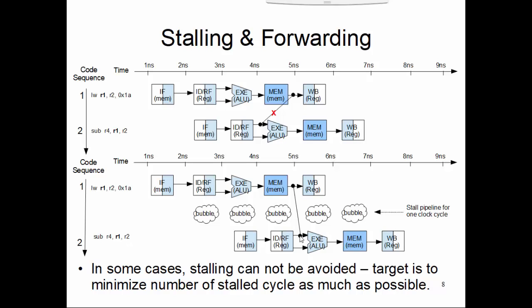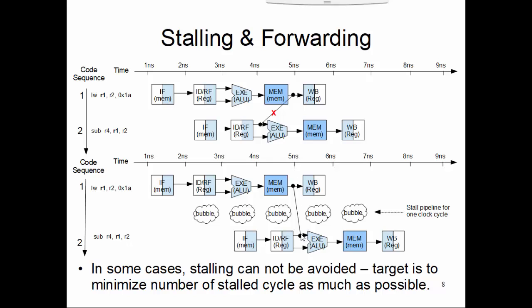Now you see, if I stall for one cycle, shifting this instruction by one cycle, then my data is produced at the 5th nanosecond, and we are trying to consume that updated data at the beginning of the 5th nanosecond. So they are at the same time, and I can just produce and give it to the next instruction.